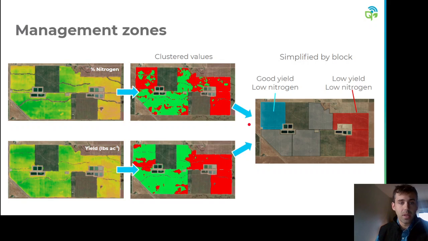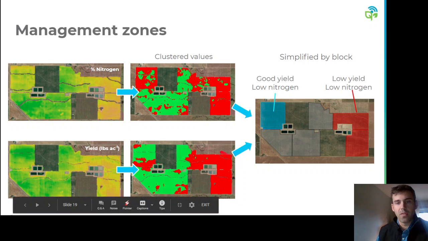So the process to work with this data next is that we cluster the data. Here I have the example of yield and nitrogen, and I cluster it into two values instead of having all this range that is sometimes hard to look at. We can see here that red is the lower part, lower values of nitrogen, and this part in the east concentrates most of the lower values of nitrogen, and the same happens for the yields.